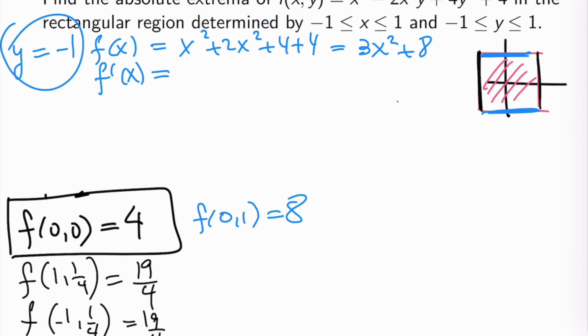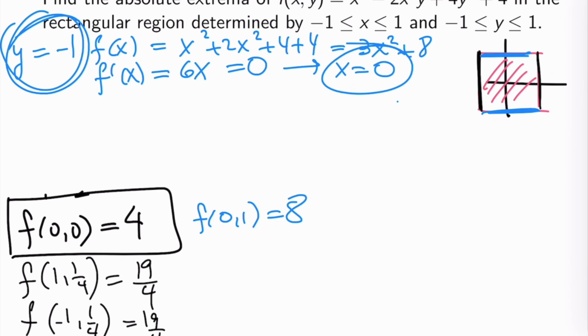We do the derivative of this, and this is just 6x. We make it equal to 0, and we get that x is equal to 0. That is then our next point, and we evaluate, and we get that f at (0, minus 1) is equal to 8 again. Okay, so with this we finish what happened at each of these segments. It remains to see what happened at the intersection points.